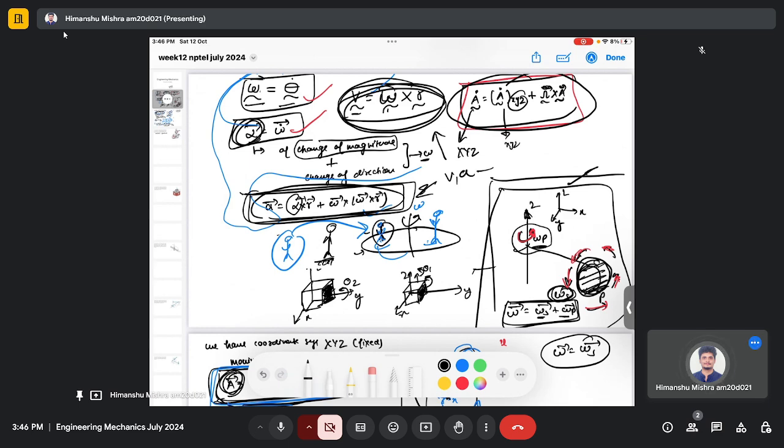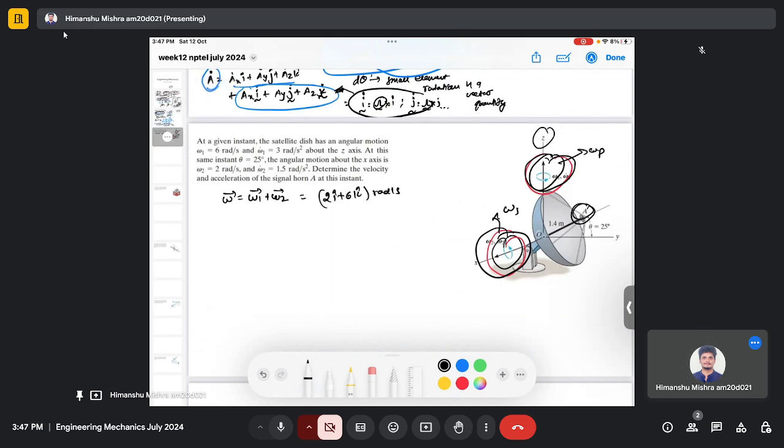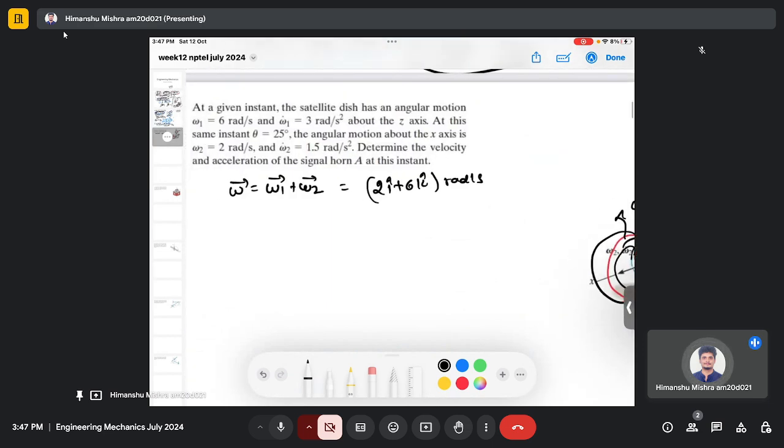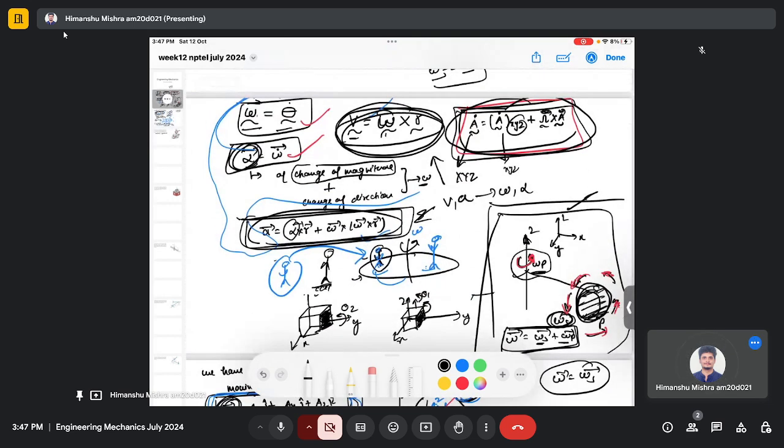So we need omega as well as alpha. Let's calculate the acceleration first. To calculate the acceleration, we will be using this formula here.